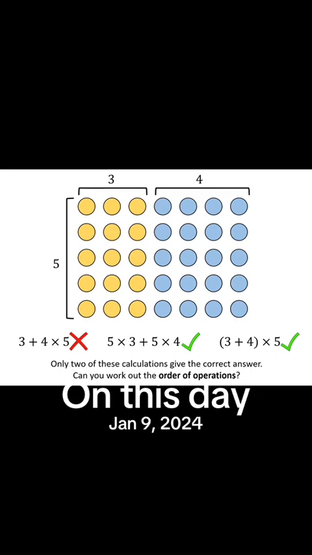So only 2 of these calculations give the correct answer. Can you work out the order of operations? Let's count the number of circles here. So that'll be 15, and that's going to be 20. So the final answer should be 35.